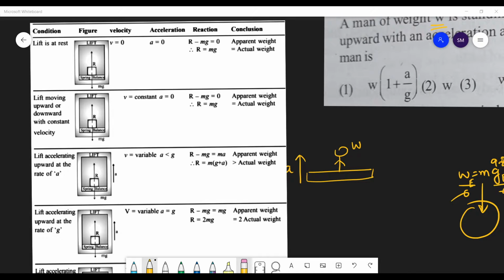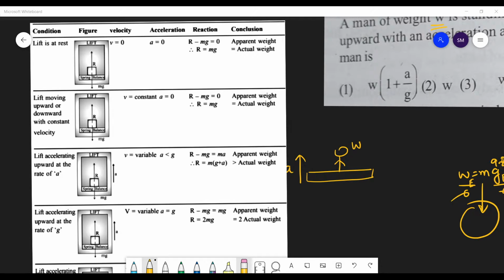So apparent weight is not the real weight. Sometimes you have a stone in your hand and you put your hand in the water. Do you feel the same weight of the stone when you put it in water?